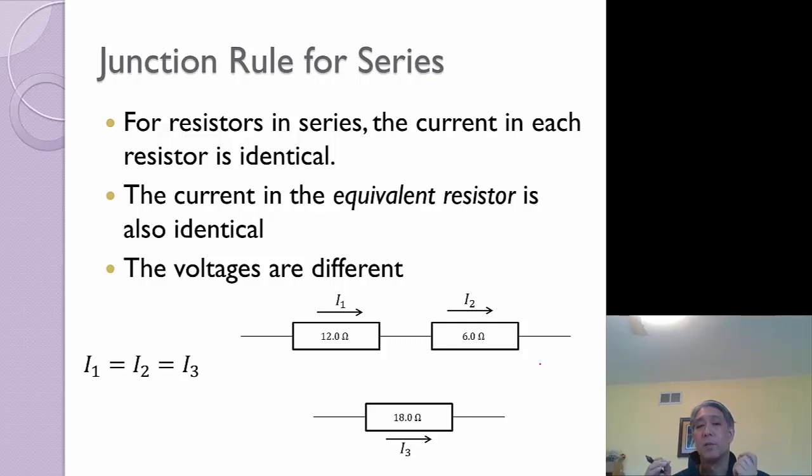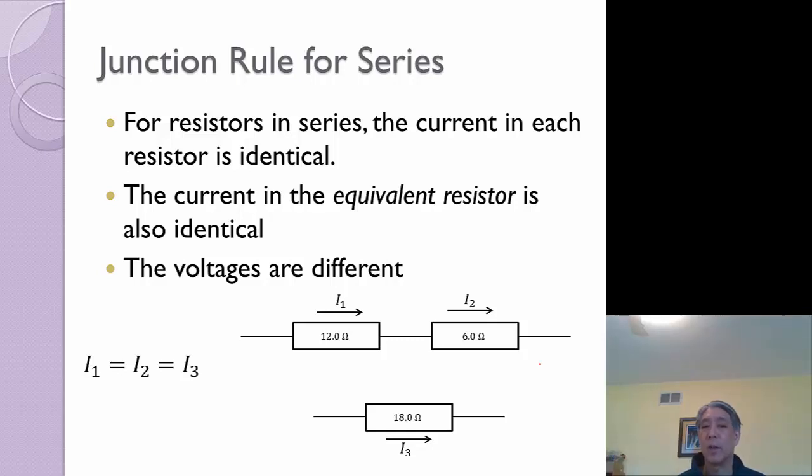So they must have the same current, since current is just charge over time. The current through the 12 ohm must equal the current through the 6 ohm. And the concept of equivalent resistance says if the current going through both of those is the same, then the current through my equivalent resistor must be the same.